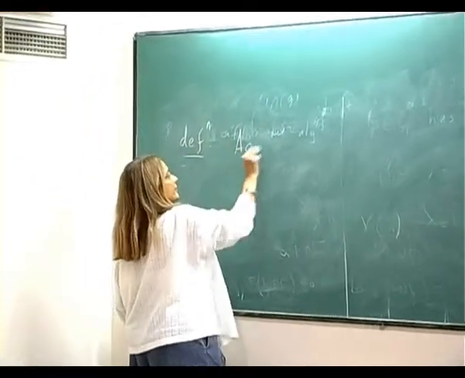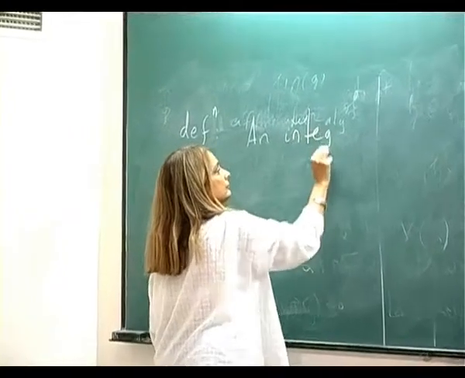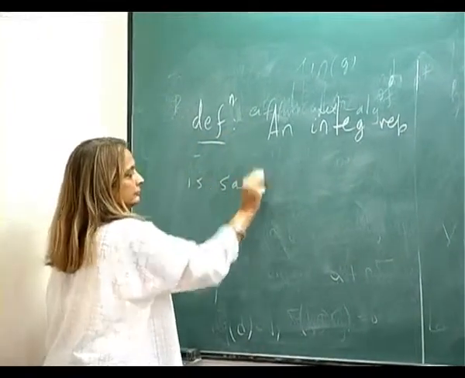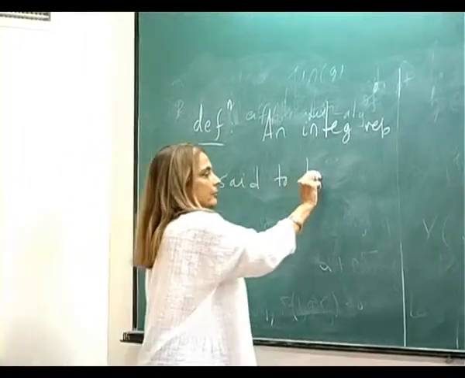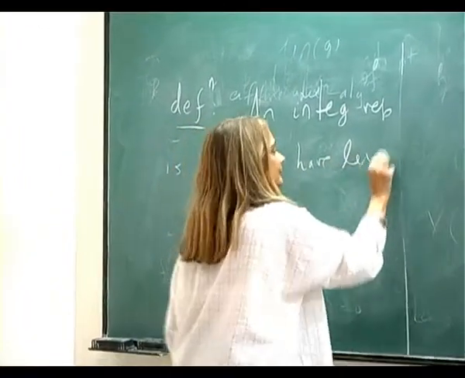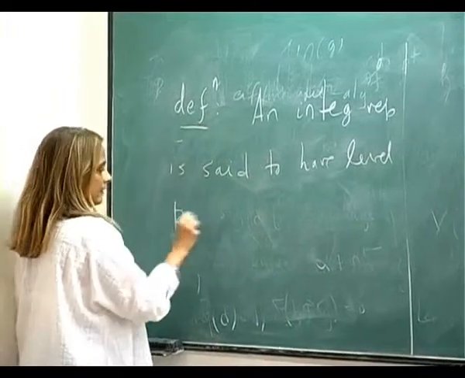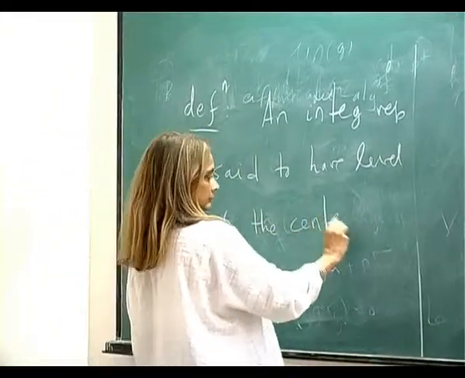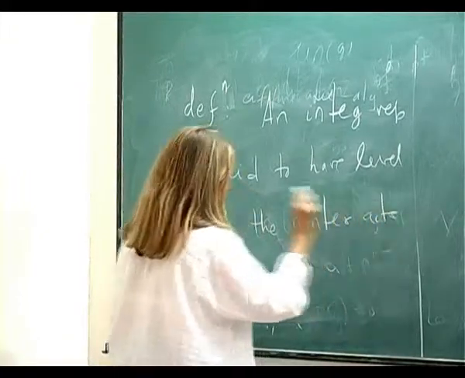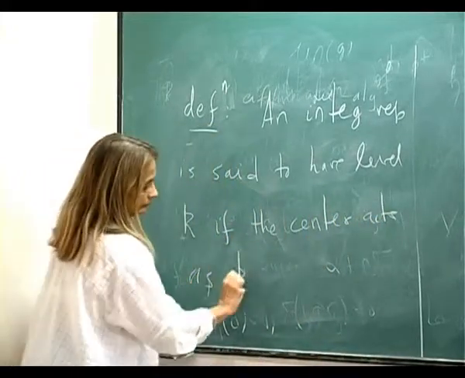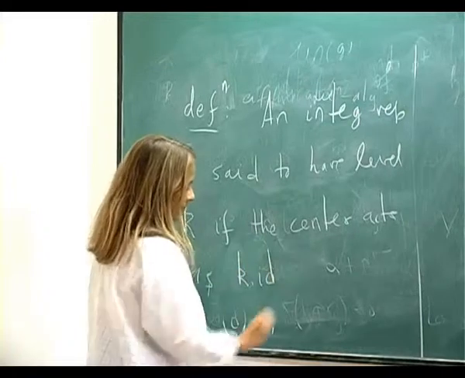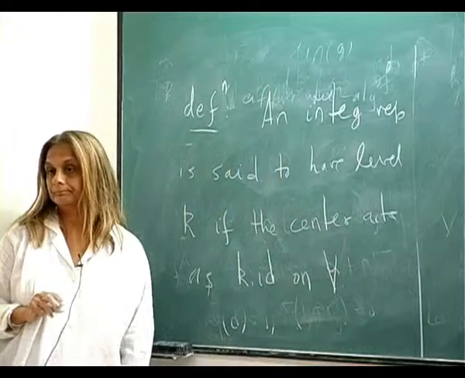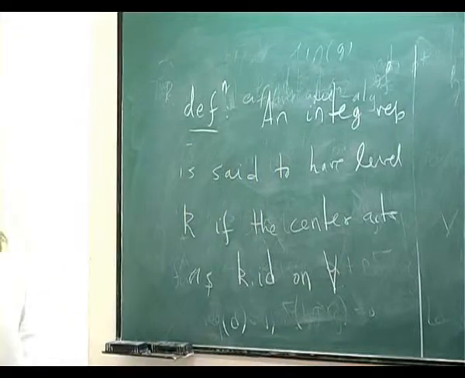An integrable representation is said to have level K, although L might be more natural, if the center acts as K times the identity on the representation V. So that's the definition of level.